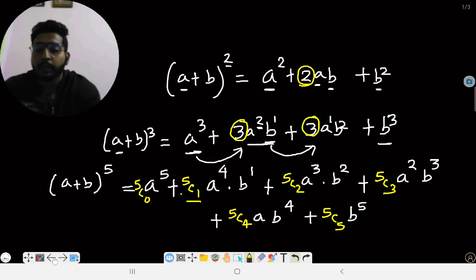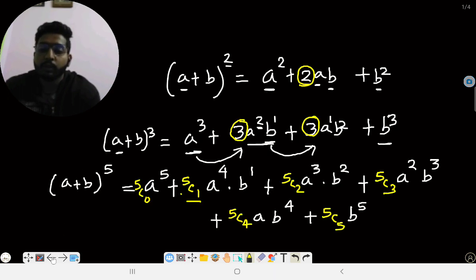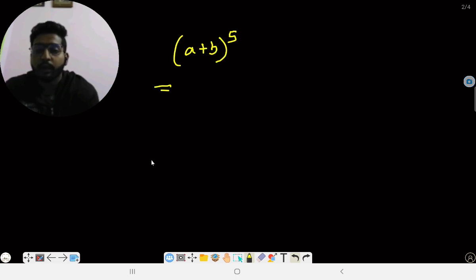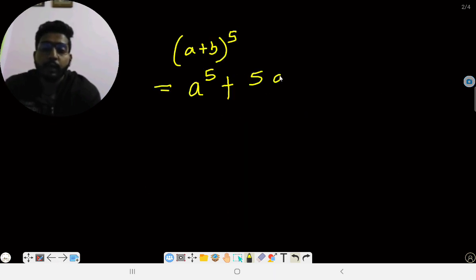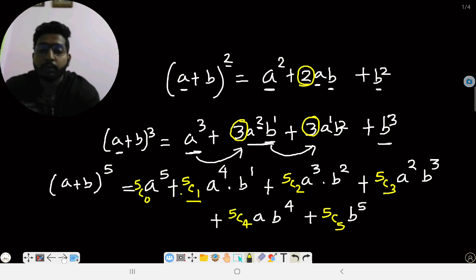Now if I put here the values, what will happen? It will become like this: a plus b whole to the power 5. Now what was the expansion? The expansion was 5c0 a to the power 5, and we see 5c0 is 1. That means it will be only a to the power 5 plus next 5c1. 5c1 means 5 a to the power 4 into b plus next 5c2. 5c2 means 10.